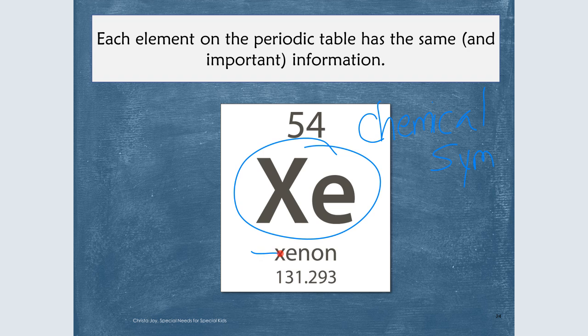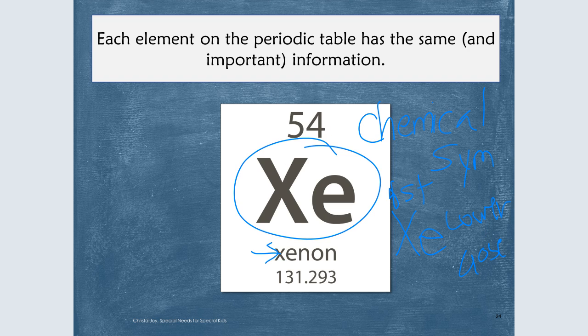So the name xenon has a chemical symbol X, capital X, and little e. So if it has 2 letters, it's always first capital, the second one is lowercase. Okay.